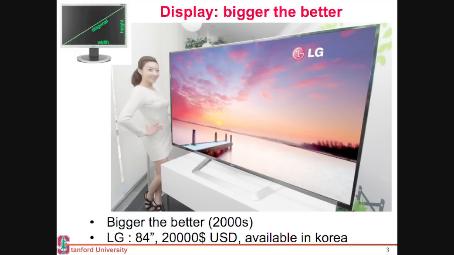For the major part of the last decade, what was happening in this field was that things were getting bigger, and bigger was better. Most of these displays are measured diagonally. That's a legacy from the days of the CRT display, where you had cathode ray tubes bulging out, circular or spherical in shape.